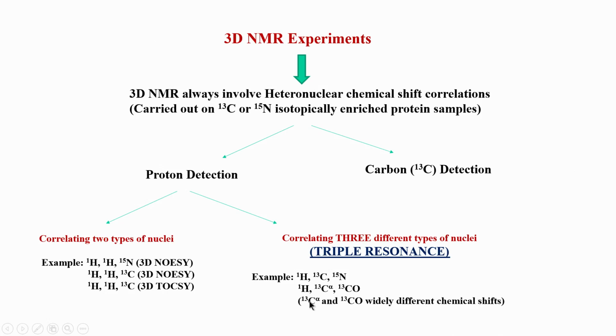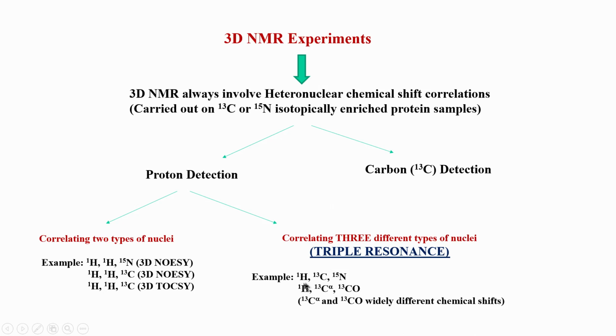C alpha comes somewhere around 50 ppm and CO comes around 170 to 175 ppm. So, there is a huge difference between the two. This type of experiment is also sometimes classified as triple resonance because the chemical shift difference between the two is enormous.